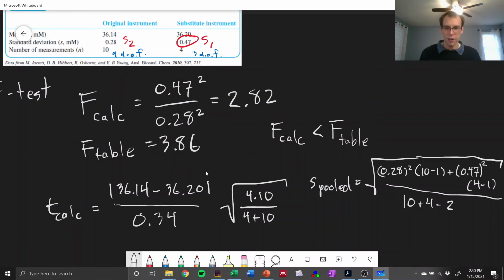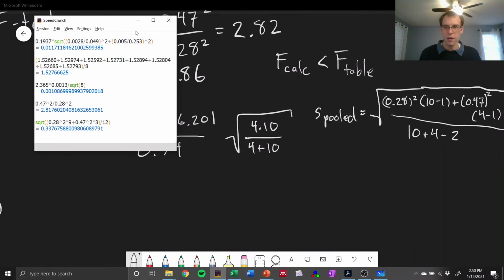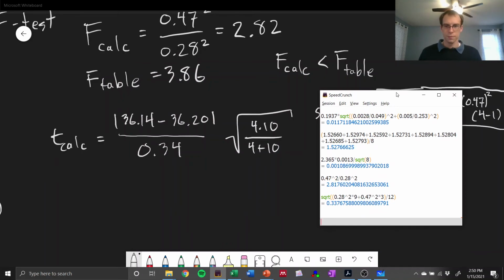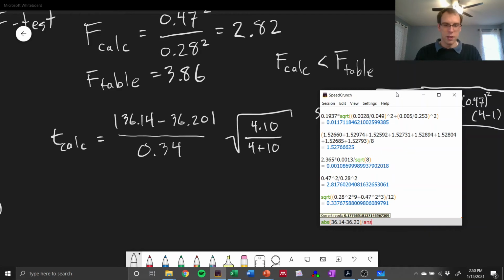So we're going to need our calculator again to compute this t-calc value here. So we have the absolute value of 36.14 minus 36.20, divided by our answer here, which is 0.34 times the square root of 40 divided by 14.